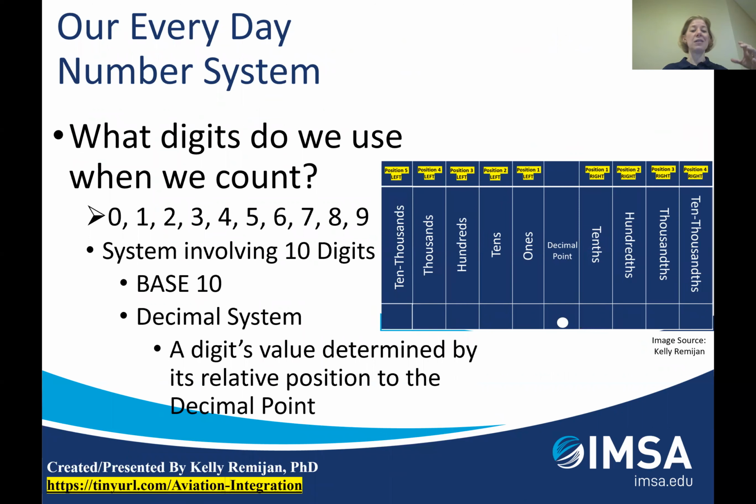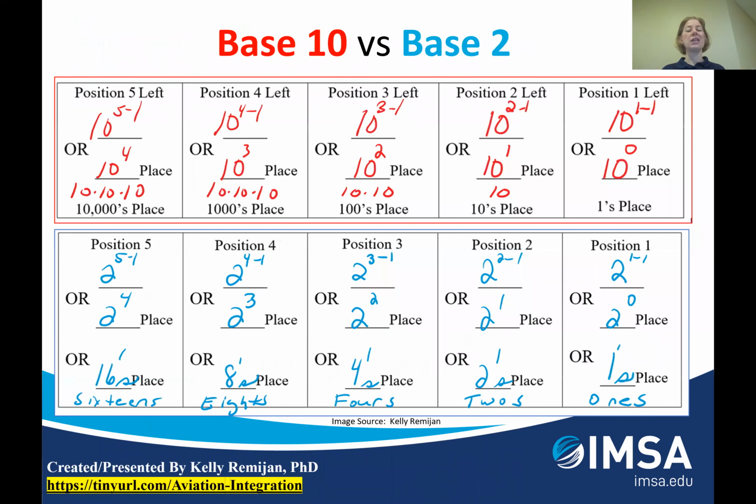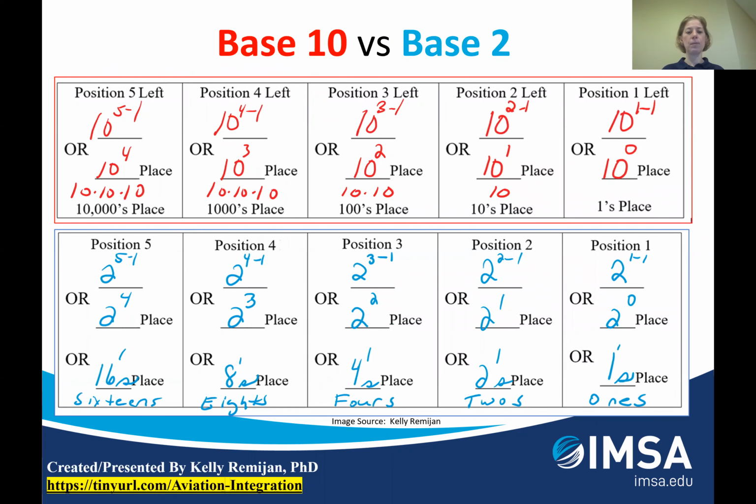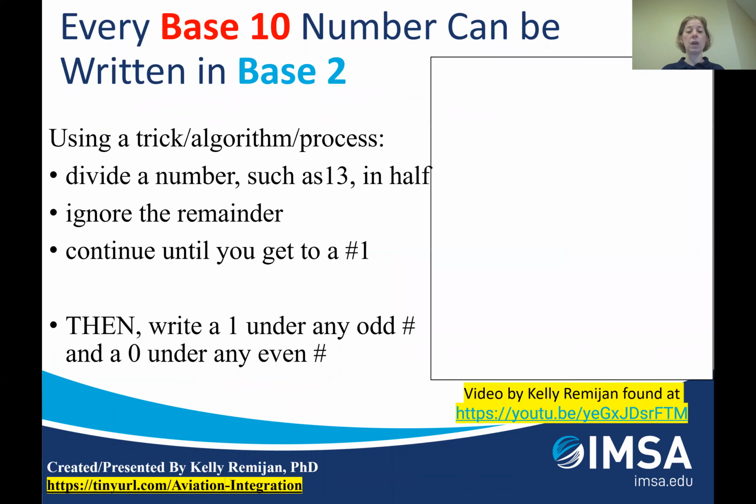with the decimal system, our base 10 system using 10 digits, versus a binary system, which is going to have 2 numbers, 0 and 1. And so there's a lot more that can be involved here with binary math in terms of exponents and place value.